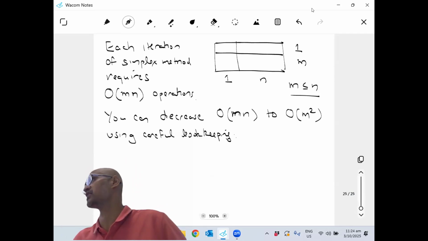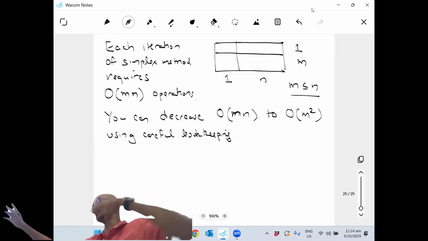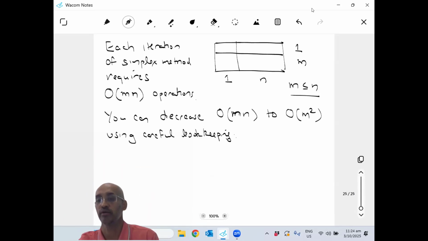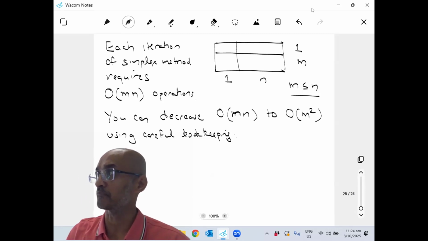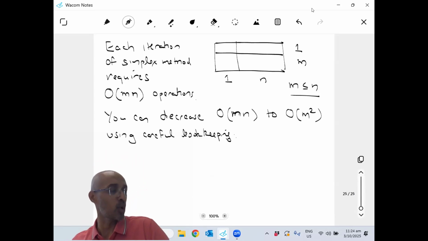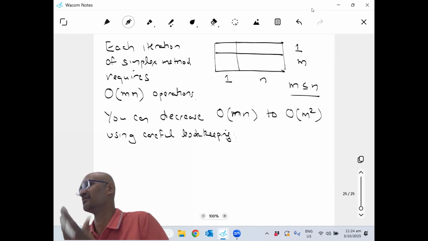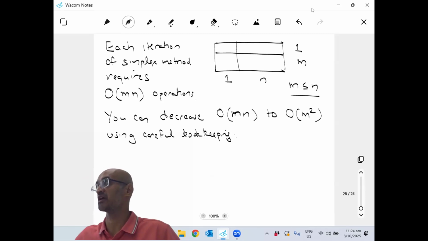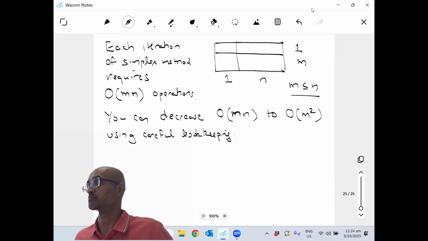So if n is much larger than m, this can be an advantage. Okay, because if n is much bigger, instead of having order mn steps every time, you can do order m squared operations every time. Okay, so that is a method. I won't go into it for this class. But you can read it on your own in the book if you want. Okay, it comes under the name of revised simplex method. You just maintain B inverse basically at every step. Okay.